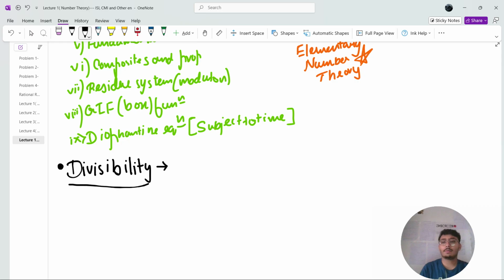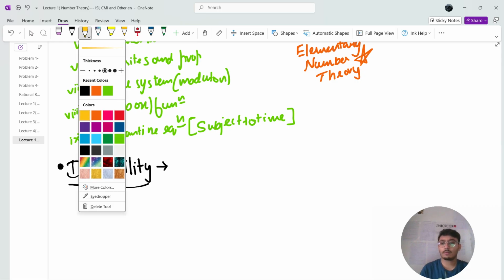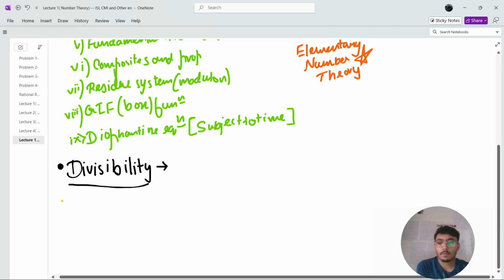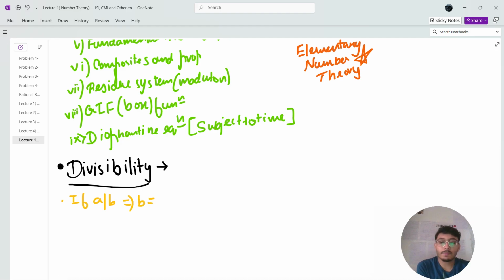So we all know what is divisibility. Very simple one. If A divides B, then B has to be A into X for some X belonging to the reals.